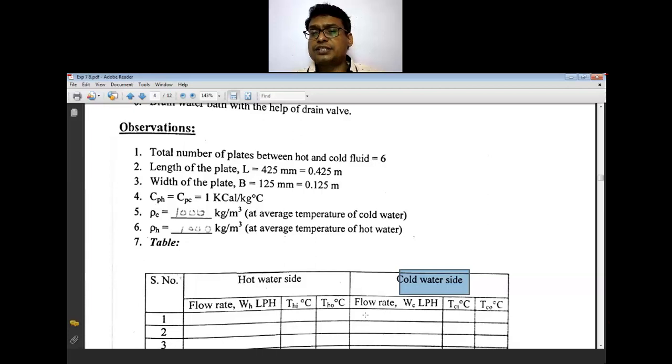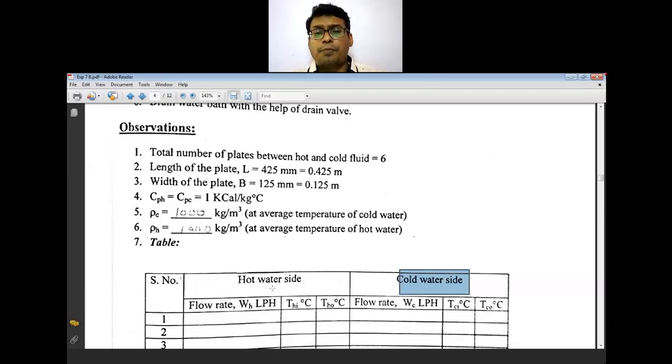I have adjusted the water flow rate to, say, 100 liters per hour with the help of the rotameter knob. Then I am going to start the hot water side for heating purposes. I have a separate tank provided with a heater, and the pump is connected to that.